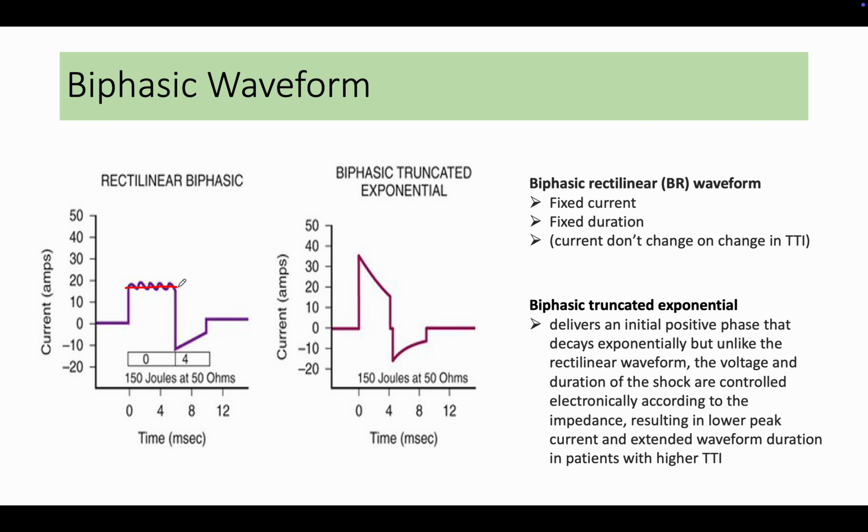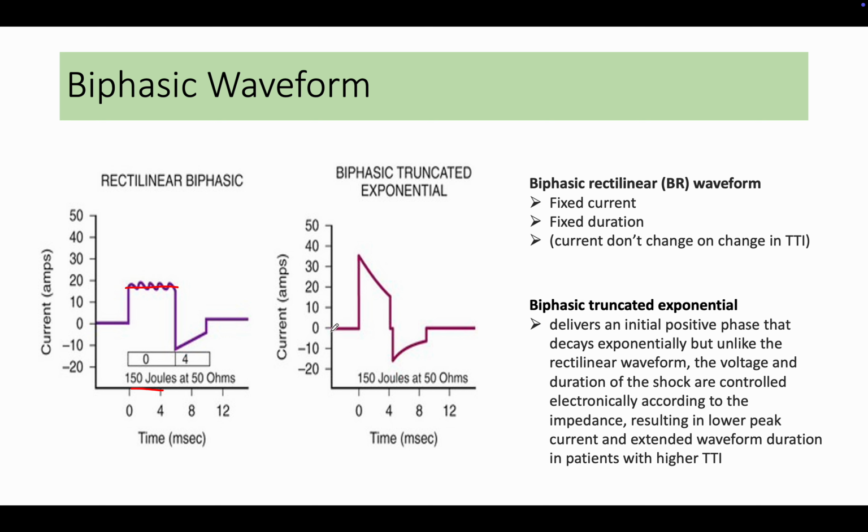This is a fixed 20 ampere current, and it's for a fixed duration. The duration is also fixed, for example 4 milliseconds, 8 milliseconds, or 12 milliseconds, and the current will not change according to the transthoracic impedance. So this is the rectilinear biphasic.